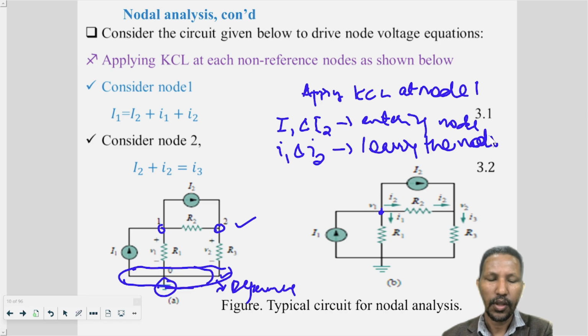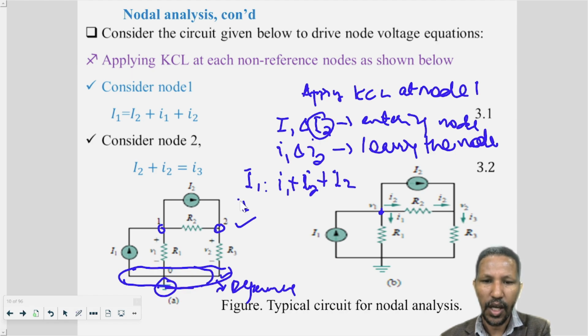Capital I2 is leaving the node, so we can write capital I1 equals small I1 plus small I2 plus capital I2. So you'll have I1 minus capital I2 equals small I1 plus small I2.